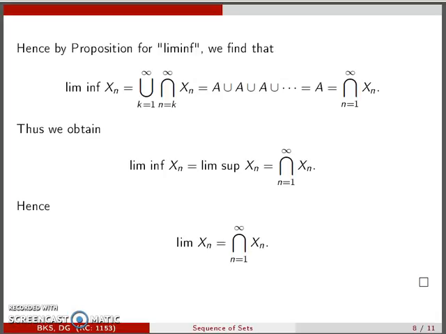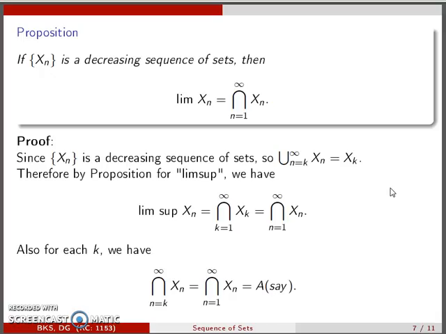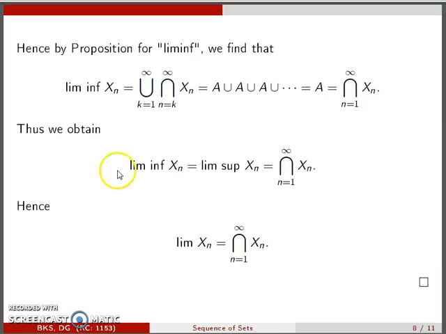Next, for each k, the intersection of xn starting from k to infinity is the same as the intersection of xn starting from 1 to infinity, let's say A. Now, if you look at the proposition of lim inf, then we see that lim inf is described by this, whereas this is nothing but A. So all those unions of A is simply A, and A is nothing but the intersection of xn from 1 to infinity.